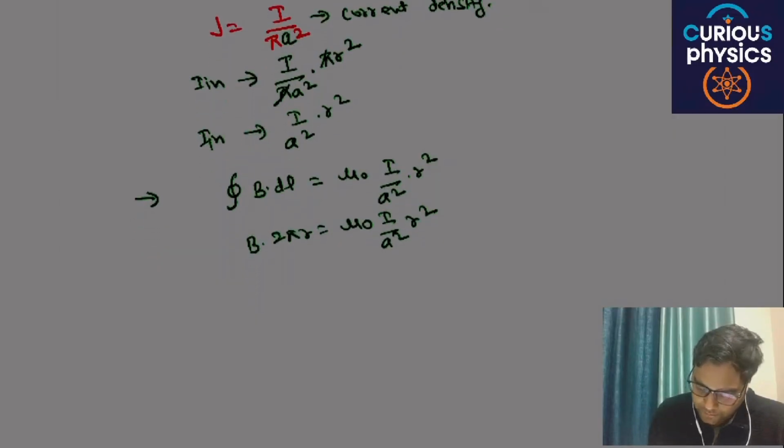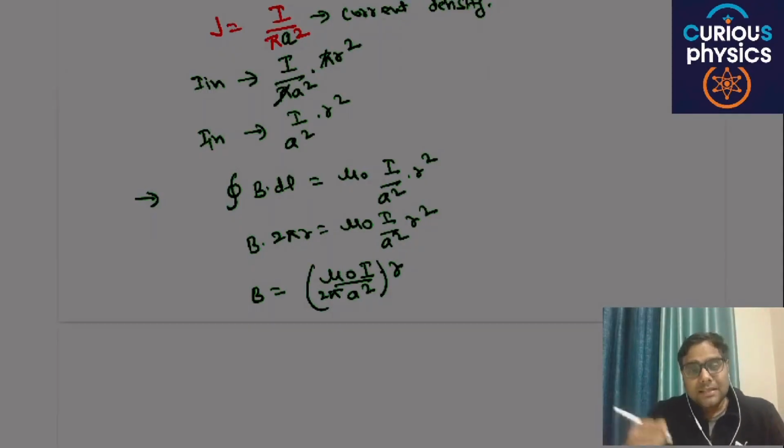Then one r and one r will cancel. Then the value of the magnetic field will be mu naught I r by 2 pi a square. This is the magnetic field inside the wire at a distance r.